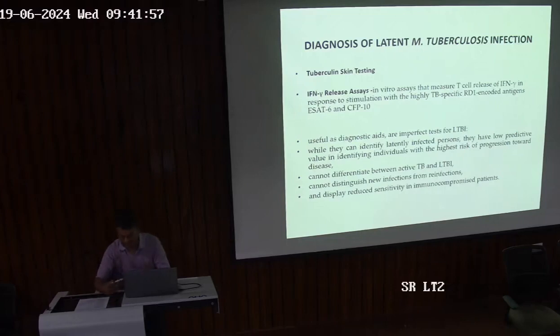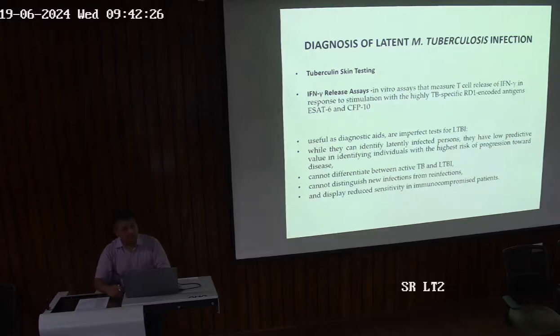Here we collect the blood in the specific tube where the cells are there and they release the interferon gamma, and that interferon gamma is then later on analyzed or the levels are diagnosed. So it is an in vitro assay that measures T cell release of interferon gamma in response to stimulation with the highly TB specific RD1 encoded antigen.